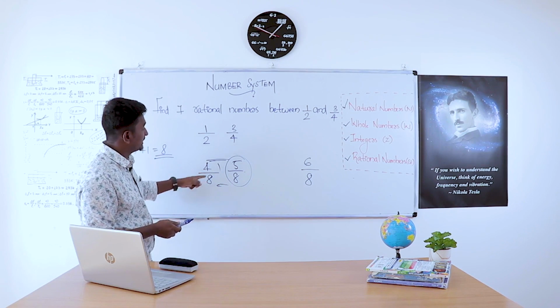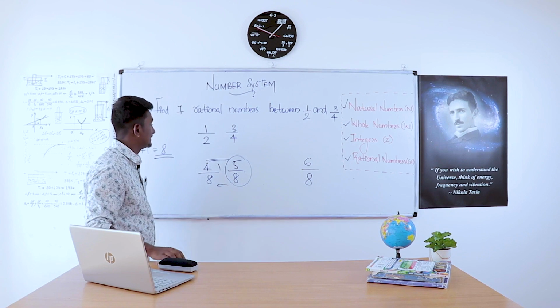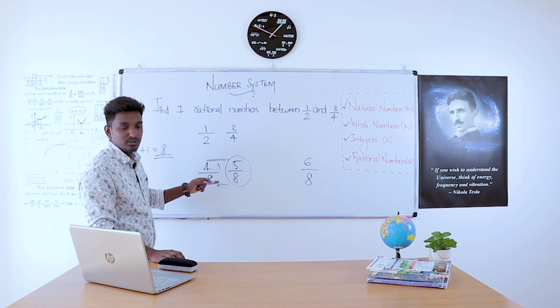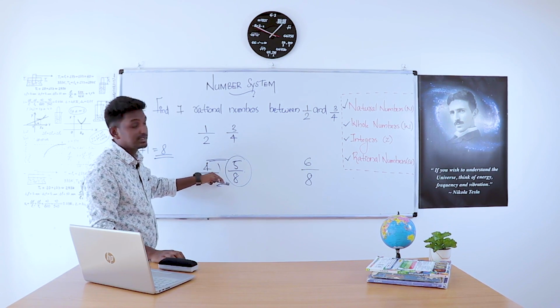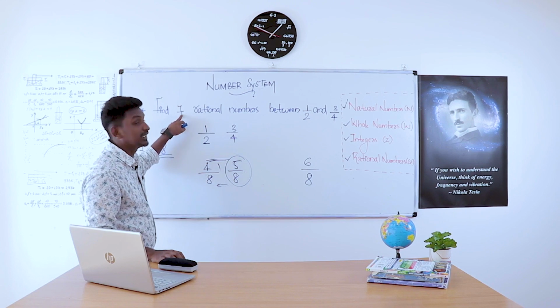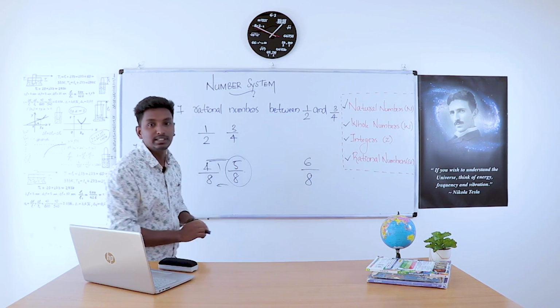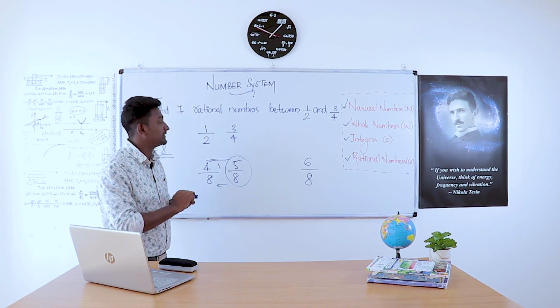But when we use it here, we get only one number between 4 by 8 and 6 by 8, that is 5 by 8. So, in this case, if we are solving a question and getting fewer numbers than required, then combine the first method with the second method. Just collaborate the first and second method.